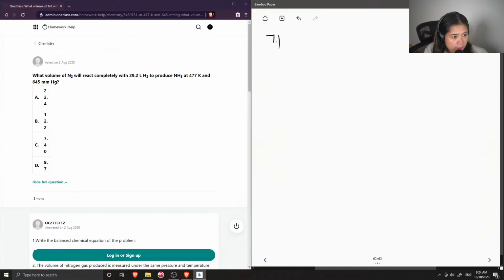So first, we just need to write out the reaction that takes place. We have nitrogen gas plus hydrogen gas produces NH3 gas.